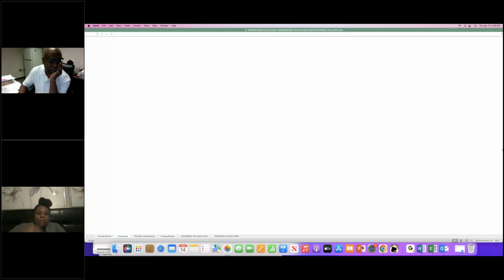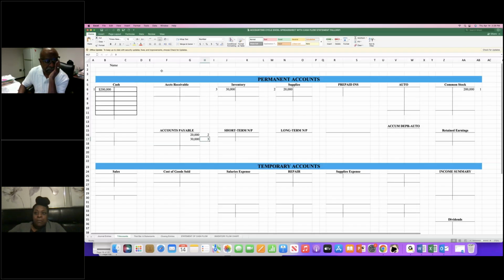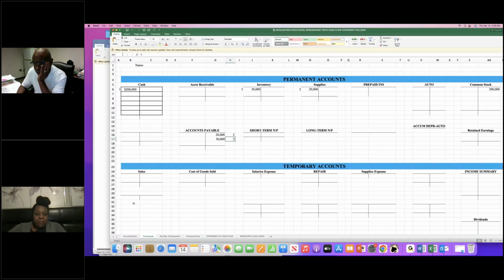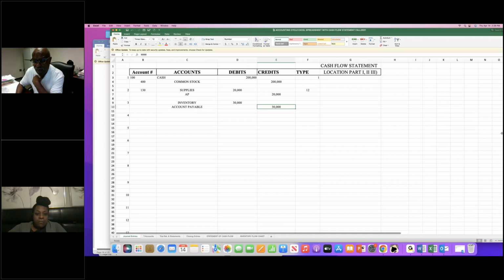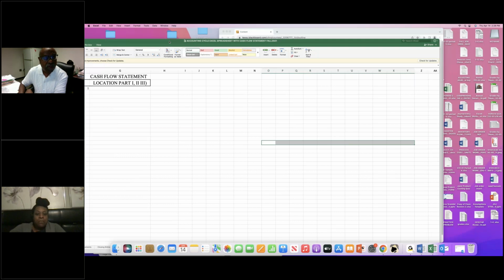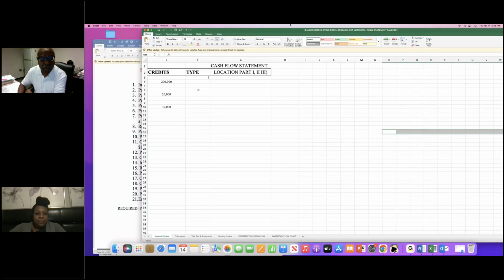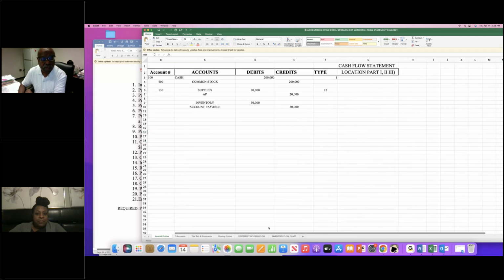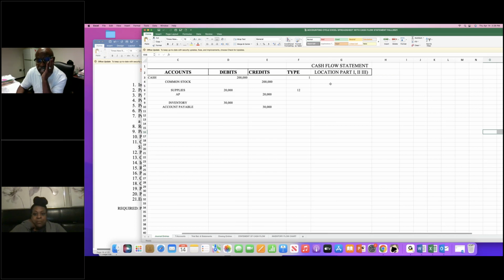So on journal entries, once you make the journal entries, you had this part, once you do your type, cash flow statement location.